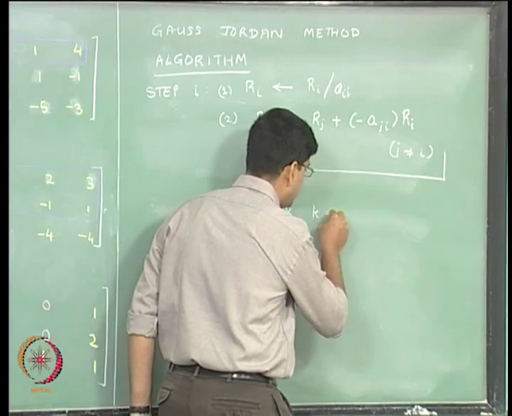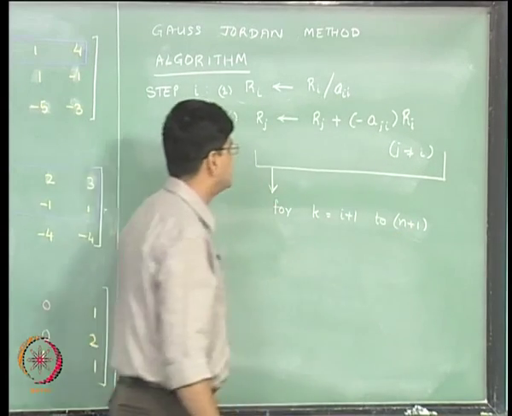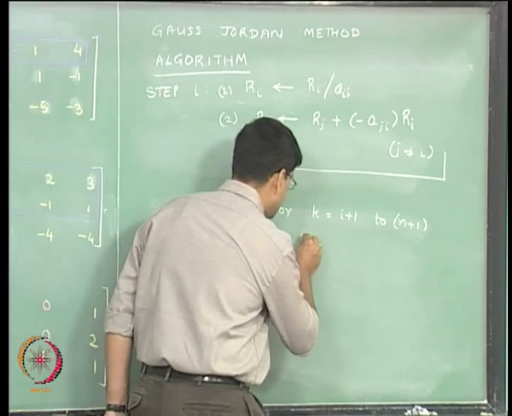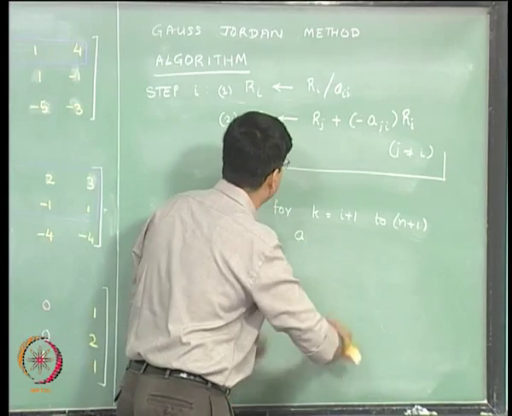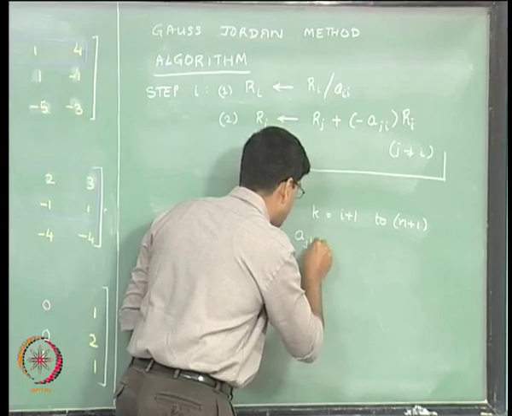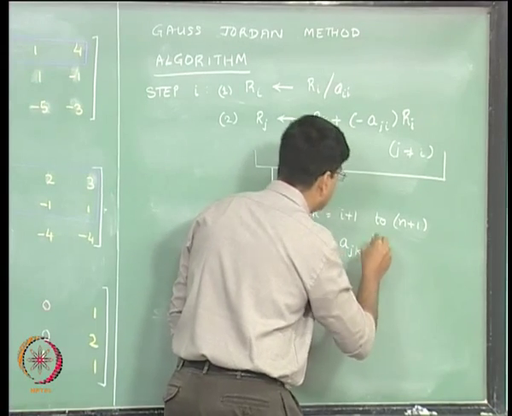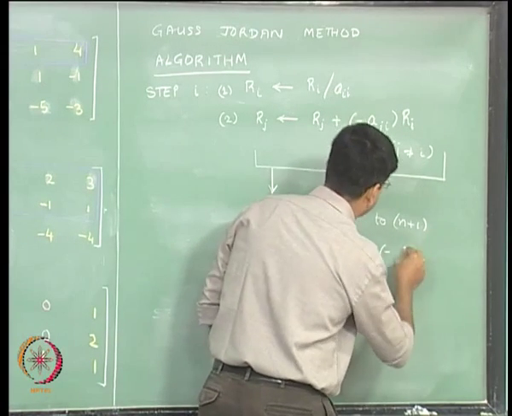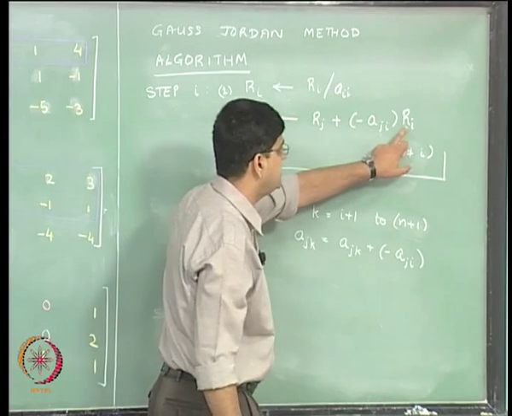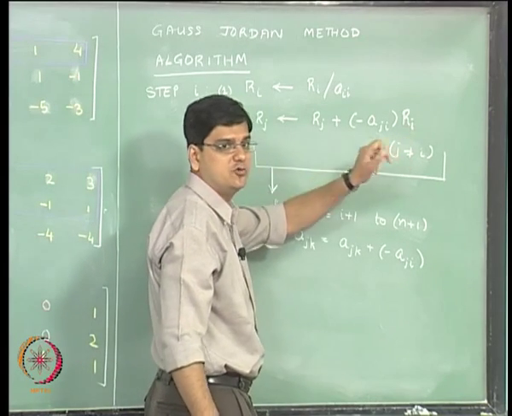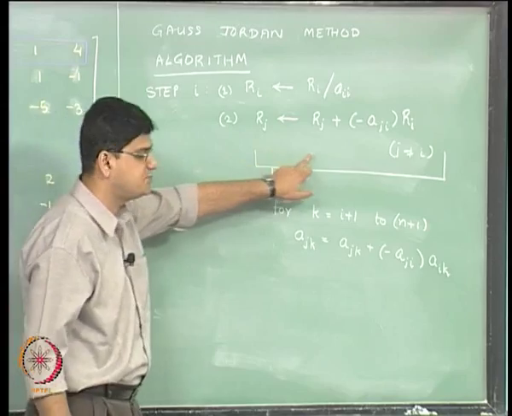So, for k equal to I plus 1 to n plus 1, what we are going to do is a jk, because we are doing the jth row, kth column, A is going to be equal to that particular element, jth row kth column A, plus negative a j I, multiplied by the kth element in the ith row, which is going to be a I k. Okay. So, this is what this particular step expands into.